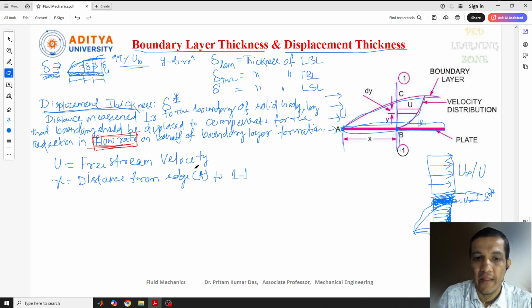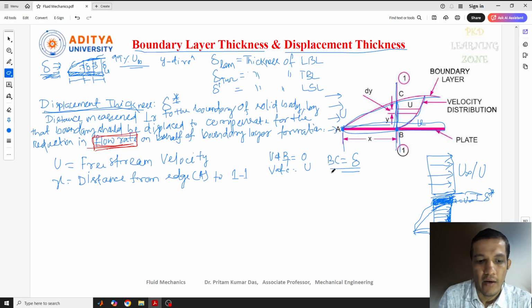So velocity at point B equals 0, and velocity at C, you get the value of U. This distance is delta, the boundary layer thickness. So BC equals delta.